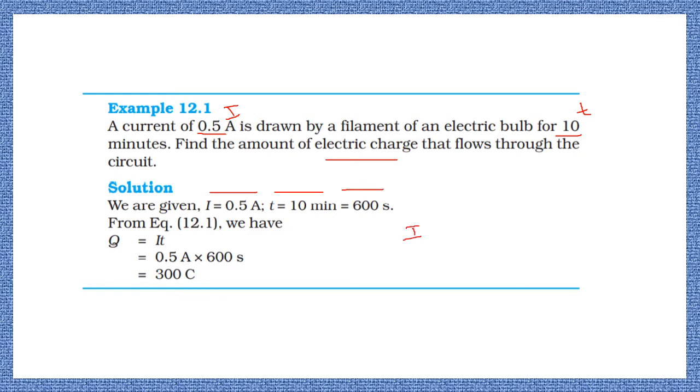The value of I is given, the value of t is given, and you have to find out the value of Q. So after cross multiplication, the formula will become Q is equal to I t. Now substitute the value of I and t, and you will get the answer for Q. That is 300 coulomb. Fine.